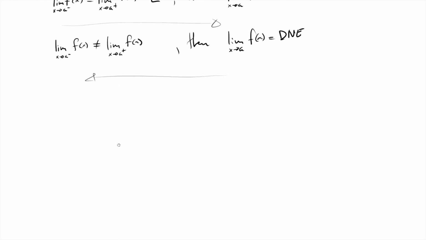So let's go through that real quick. Let's say I have some function, call it f of x, and it is defined in three different domains. In one, it is defined as 1 over x plus 2. In another, it's defined as x squared minus 5.